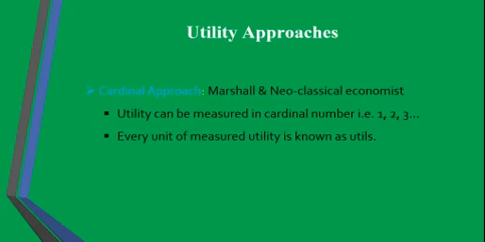He believed that utility can be measured and a customer can express his satisfaction cardinally, in quantitative numbers, like 1, 2, 3, 4, 5. Every unit of measured utility is known as a util. Over the passage of time, it was realized that the absolute measurement of utility is impossible.